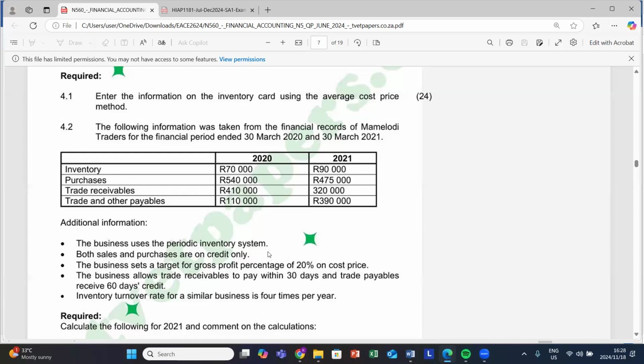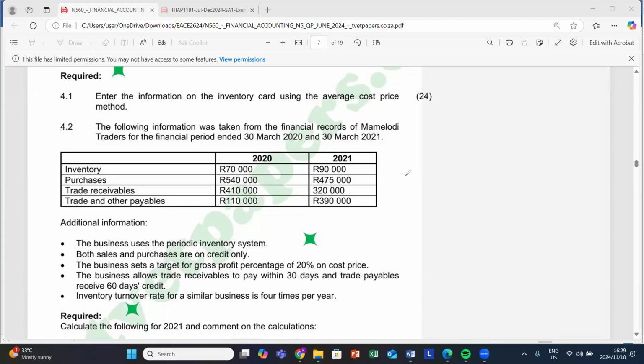So here, this markup would have been much simpler for us to use if they provided us with our sales. It would be much simpler to calculate if they provided us with our sales, because we would just use that formula that we know, wherever we say an amount times what I want over what I have. So they say that they use a markup of how much? Of 20%.